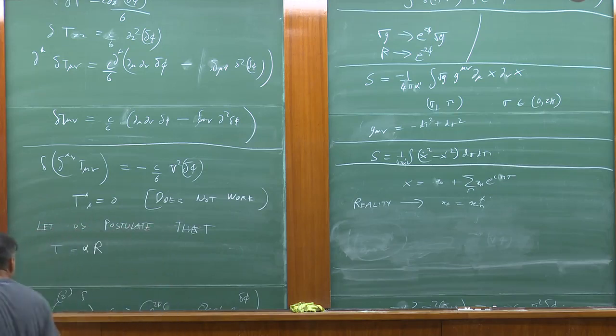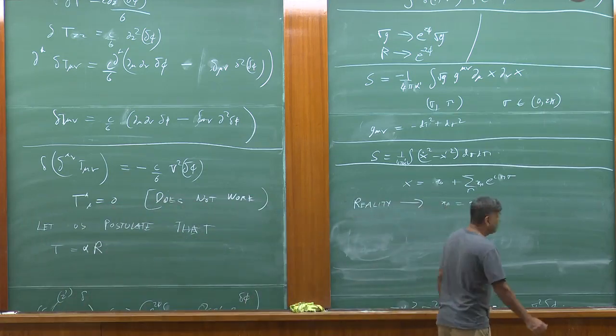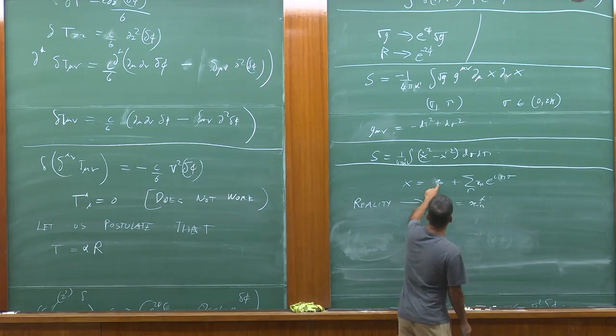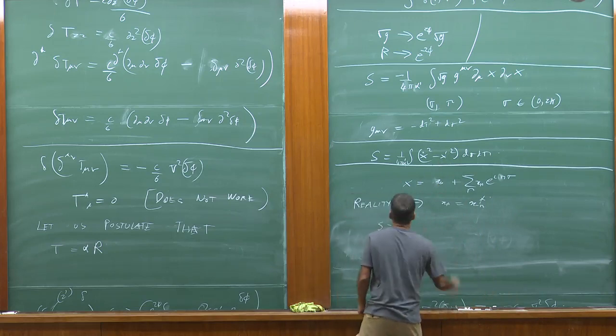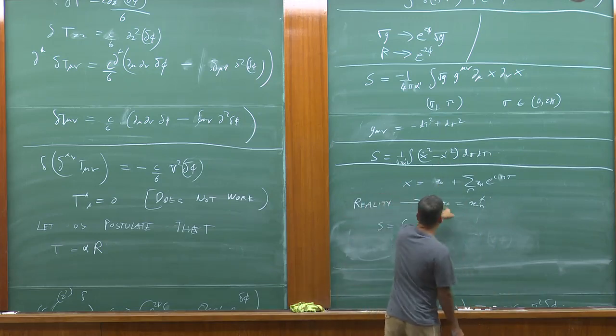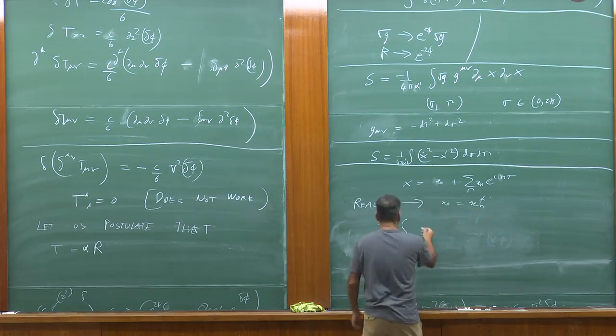Now each of these x naughts and x n's are functions of time. So what is the equation of motion that each of these x n's and x naught obeys? Well, if we plug x naught in, it gets no contribution from here. So we can write this action just in terms of these various x naughts and x n's.